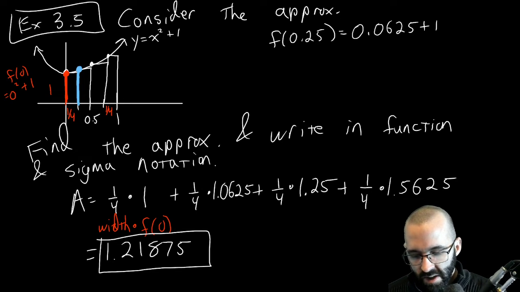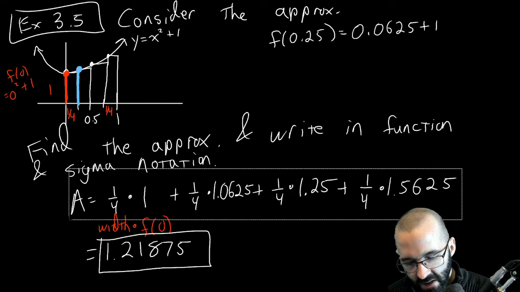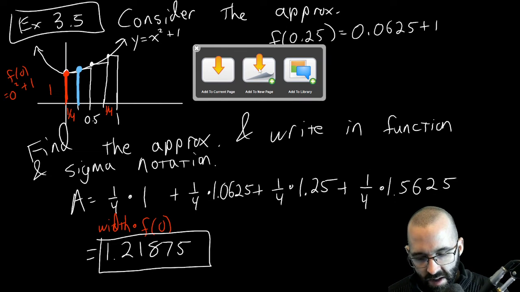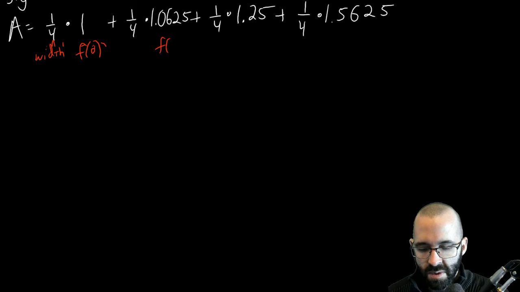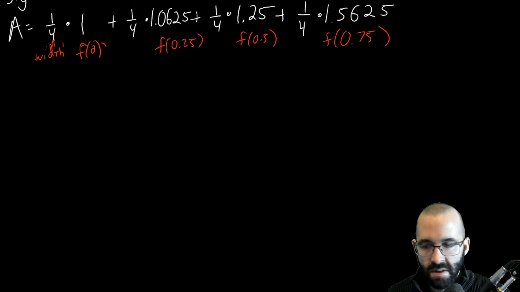So let's use this and work with this on the next page. This is the area. Let's write it in function notation. Again, it's always just the width times the function value at 0. This was the function value at 1/4. This was the function value at 1/2. And then the function value at 3/4.